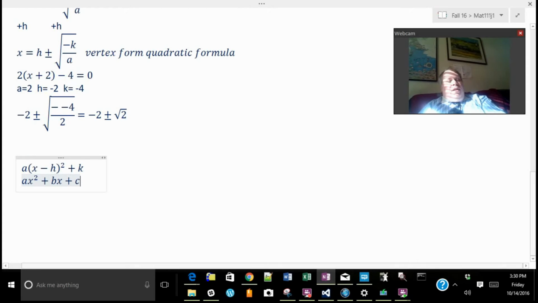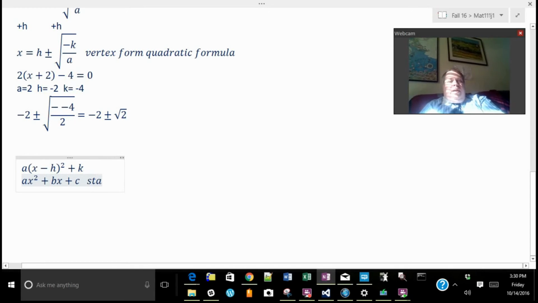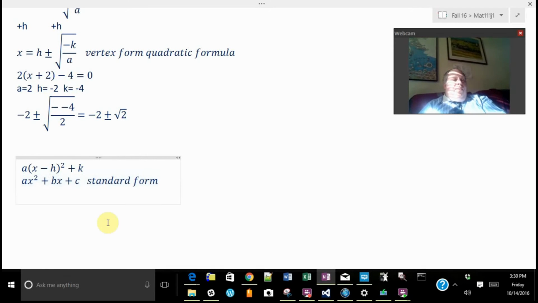So the question is, if we have a quadratic like this, and we want to graph it, or use this form to solve it, is there an easy way to translate from the standard form to vertex form?